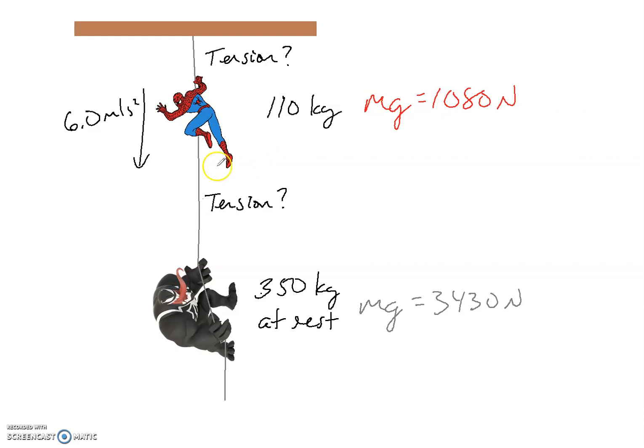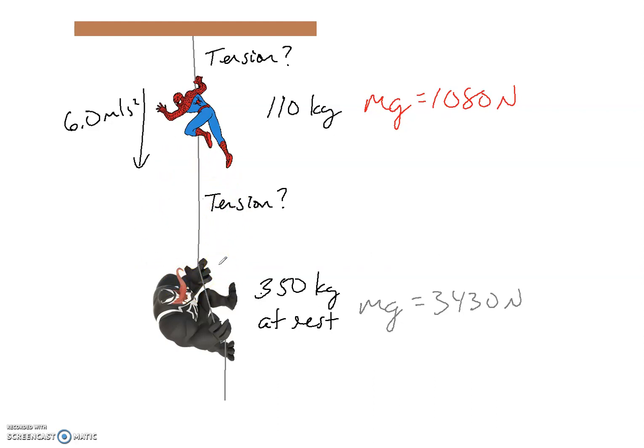I'm going to start with the bottom tension down there. Now, if we cut the web right here, the tension would be zero on the remaining web, which tells me that Venom is responsible for all the tension here. Spider-Man has nothing to do with the tension below him. So Venom is supplying all of the tension on that bottom rope. Now Venom is just hanging on the rope.